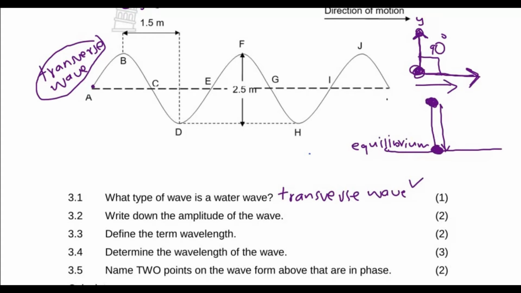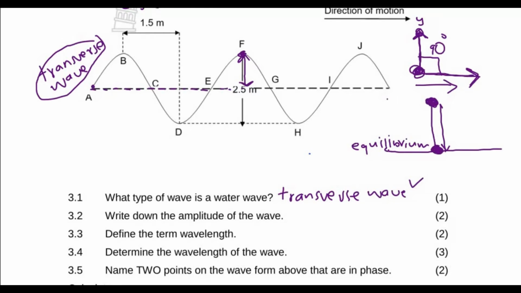to the highest point. If we decide that this dotted line represents equilibrium, this particle is displaced from equilibrium, jumps there, reaches that point. So that maximum displacement from equilibrium to the highest point, which we call the crest, means we need to find what this distance here is, how much it is.